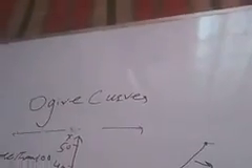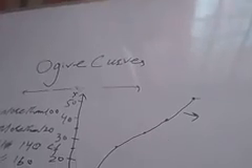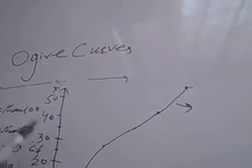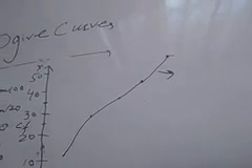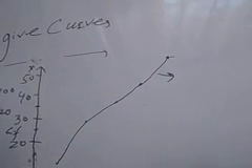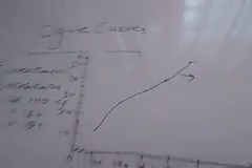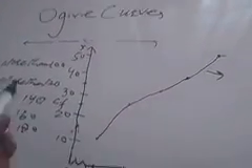Now if I draw the graph of this as well, cumulative frequency is 10, 20, 30, 40, 50, and now I have to adjust the class intervals.